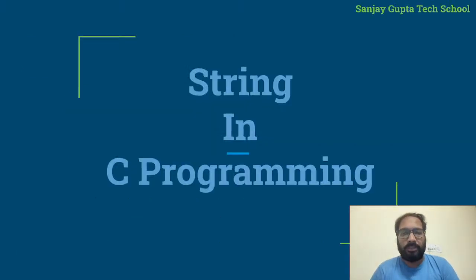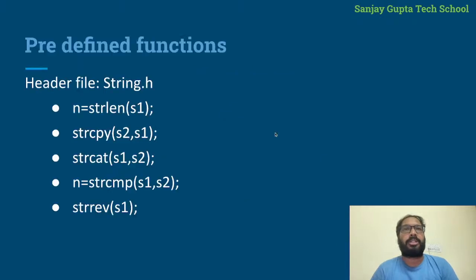Okay, so starting with strings in C programming, right? In yesterday's session, I discussed the concepts and some programs as well. In today's session, I'm going to bring in front of you some predefined functions that we can use with C programming, and for that you need to use the string.h header file.